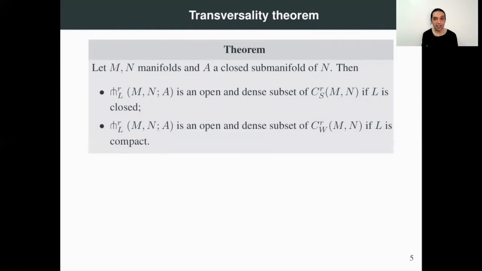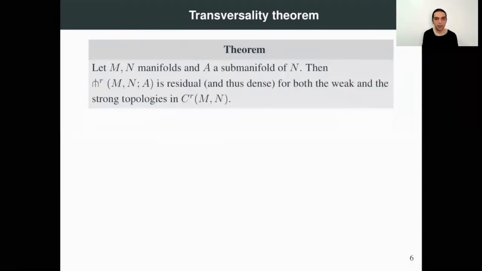And the idea is that since the cover is locally finite, that's the kind of situation that is well adapted to work with this strong topology, and we are going to be able to prove that this set is still an open and dense subset of the space of CR maps with the strong topology.